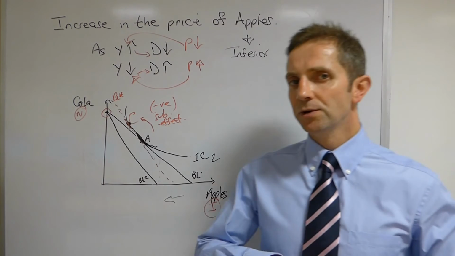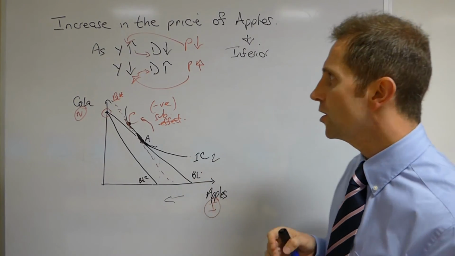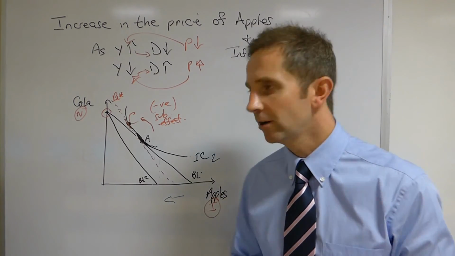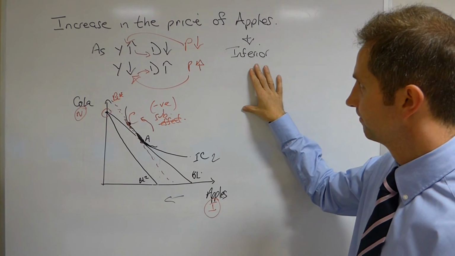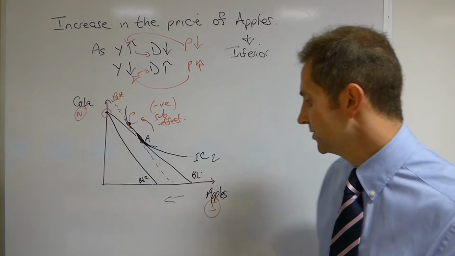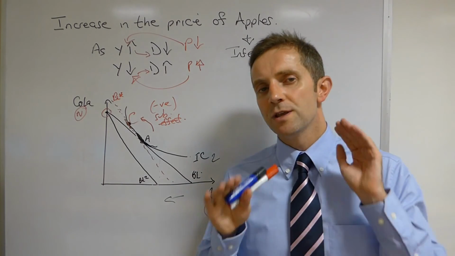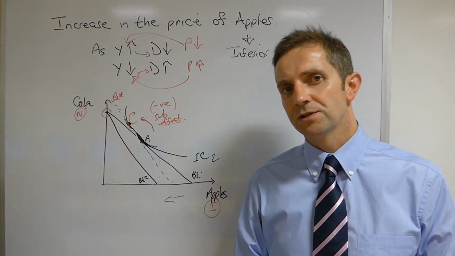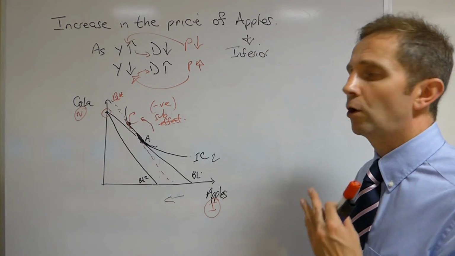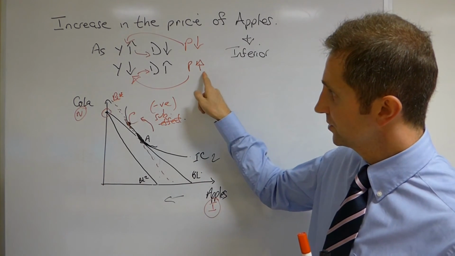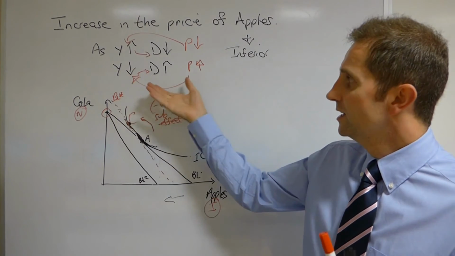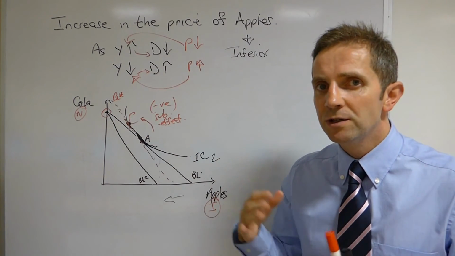But that's not the whole story here, ladies and gentlemen. And now we come to the whole notion of inferiority. We know that apples are inferior. We know that the price of apples has increased. As a consequence of that, the price of apples increases, income falls, and demand for apples actually is going to go up.